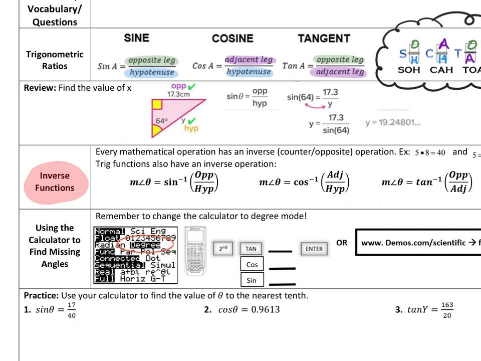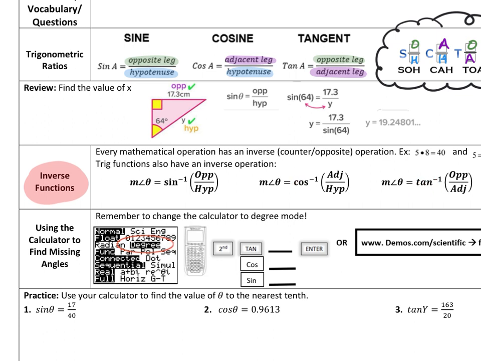So sine, cosine, and tangent are operations just like addition and subtraction, so we need to have an inverse for each of those functions. The inverse for sine is literally called inverse sine. Isn't that nice? We just named it the inverse of sine. The inverse of cosine is called inverse cosine. And the inverse of tangent is called inverse tangent.